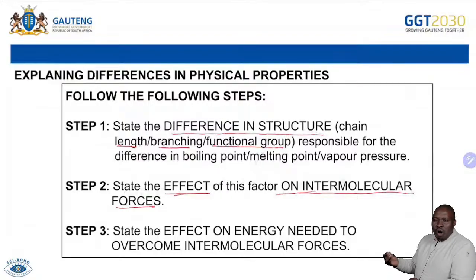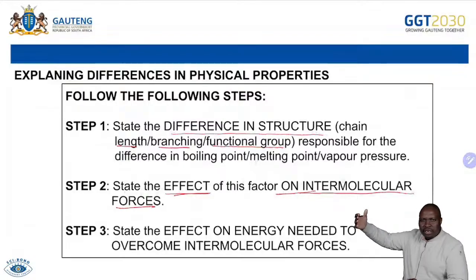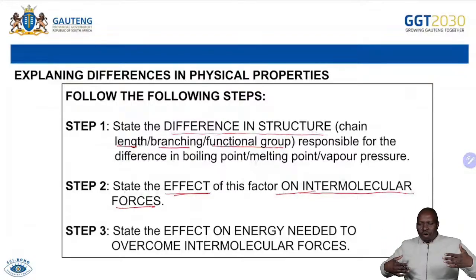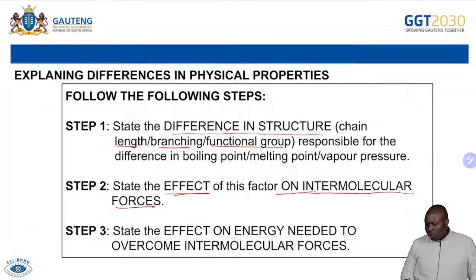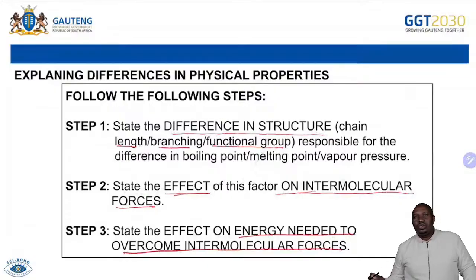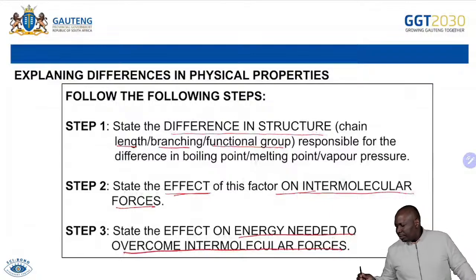What is the effect of increasing the number of branches? As we increase the number of branches, the strength of intermolecular force decreases. And then, what is the energy needed to overcome intermolecular force? Definitely when the strength is increasing, more energy will be required to overcome the intermolecular force.